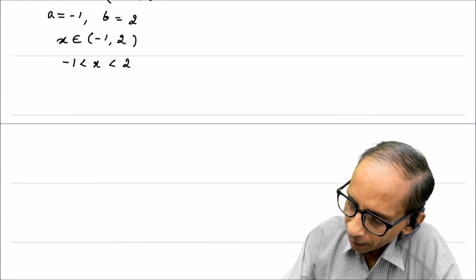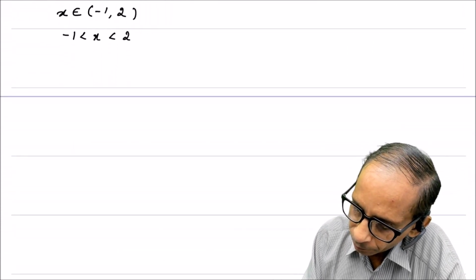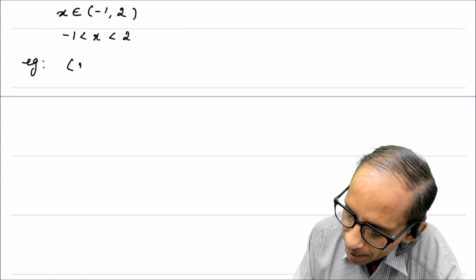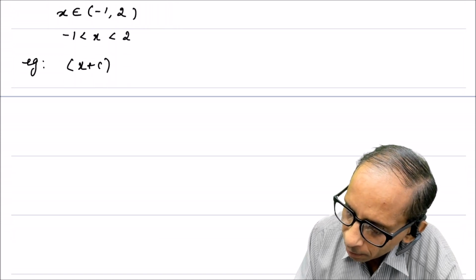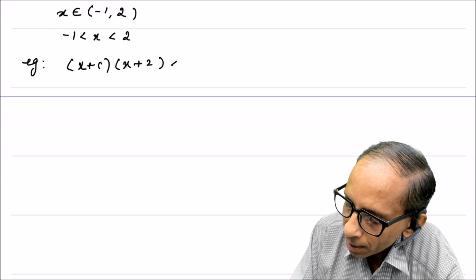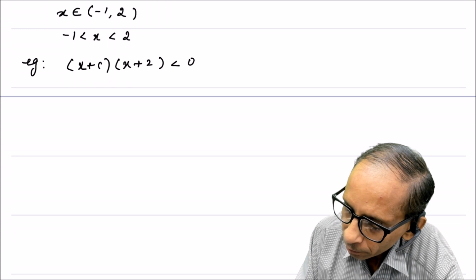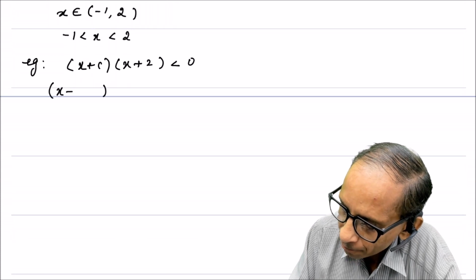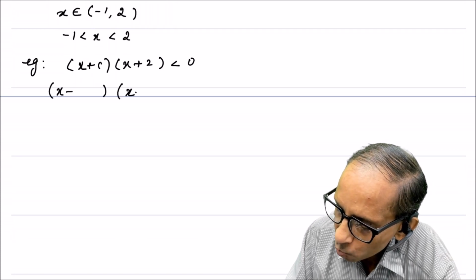We may consider another example. x plus 1 into x plus 2 less than 0. Again, the standard format requires that we should have x minus, and in the second bracket also we should have x minus.